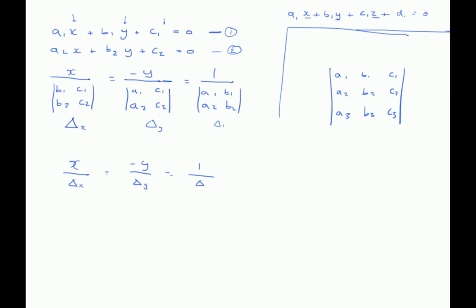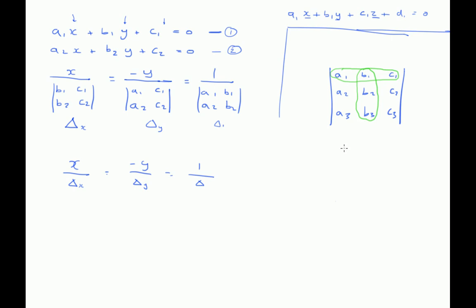So the minor of A1 is obtained in that fashion. Similarly, if we want the minor of B1, B1 is common to this row and this column, so its minor is of the form A2, C2, A3, C3.